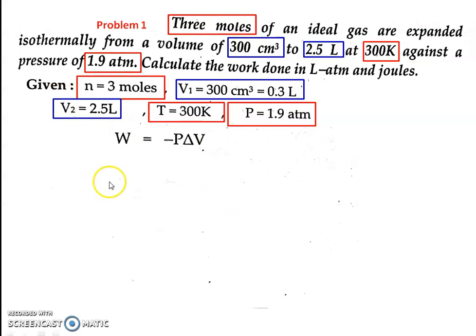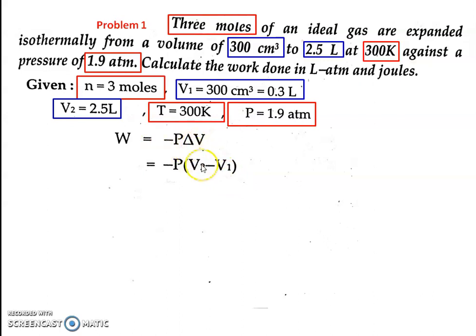Now we know the formula: W is equal to minus P delta V. This is for expansion type of work done. Here the gas is expanded from 300 ml to 2.5 liters. So W is equal to minus P delta V, or minus P into V2 minus V1.